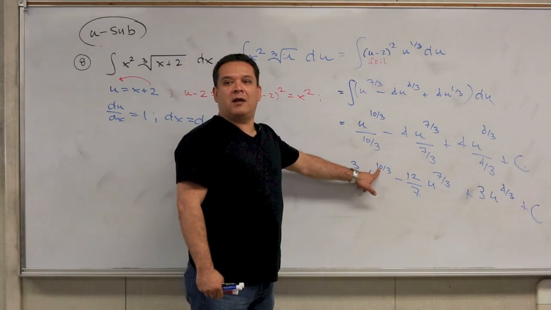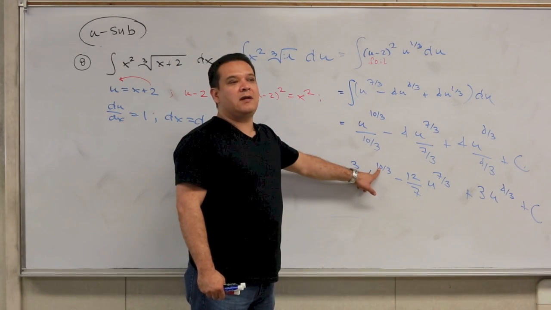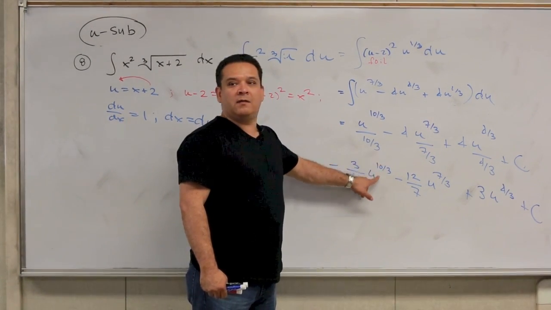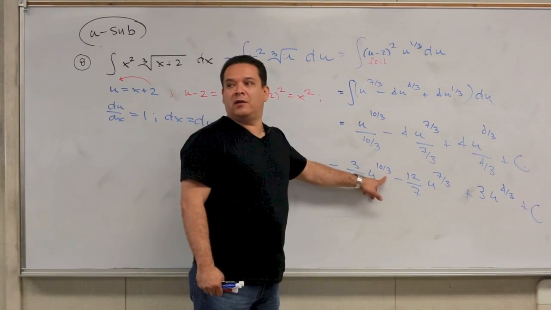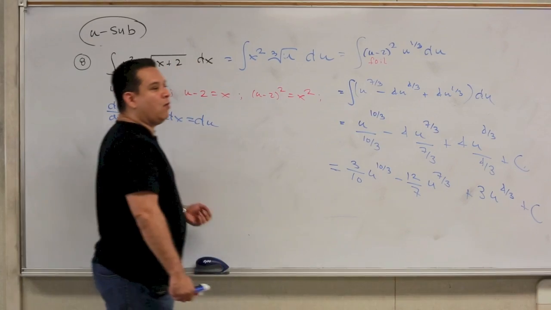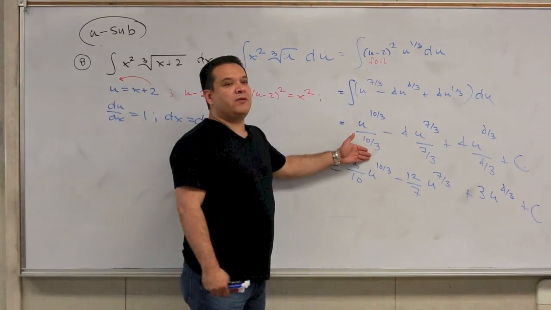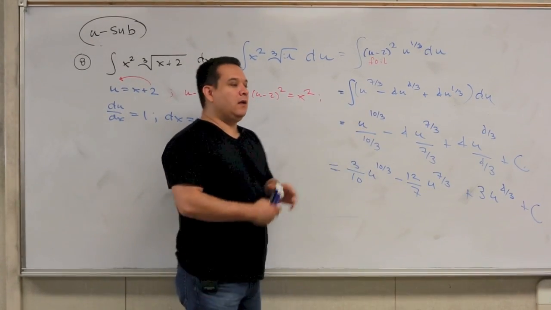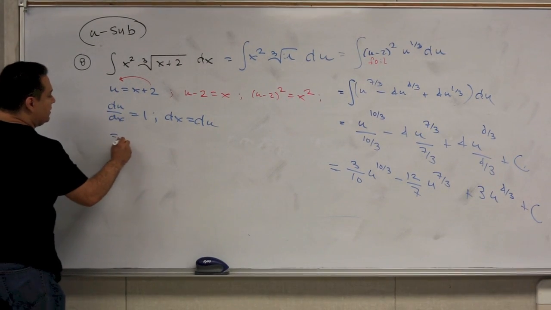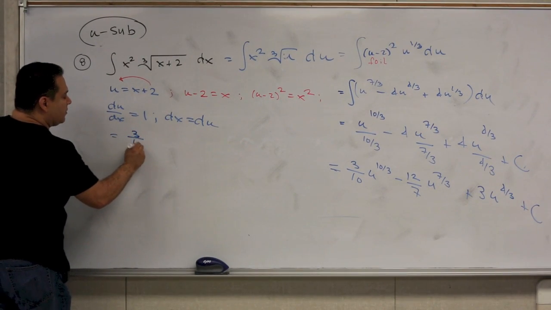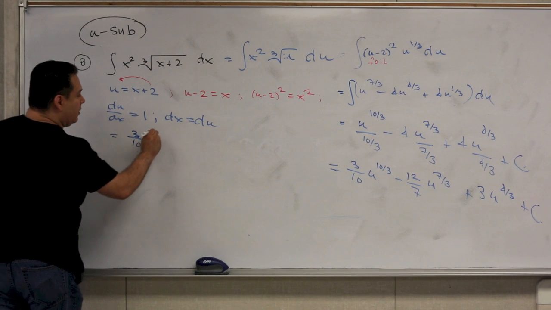How do you guys know how to write this in simplified form? What is 10/3 really? If I divide 10 by 3, what's the quotient? 3. What's the remainder? 1.